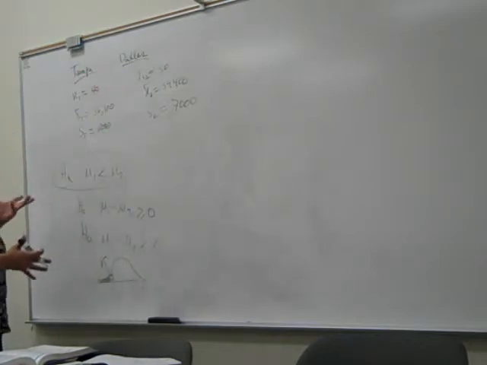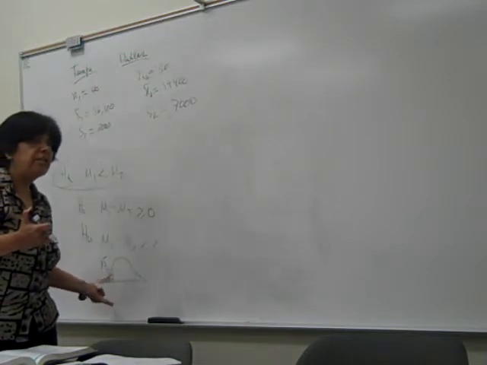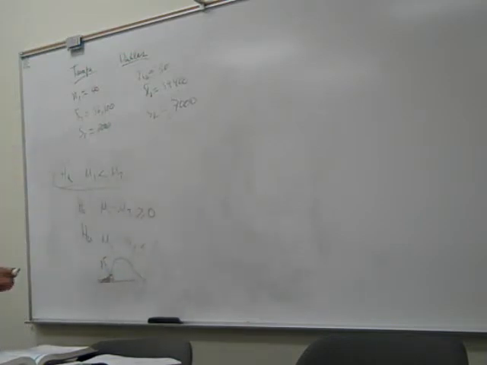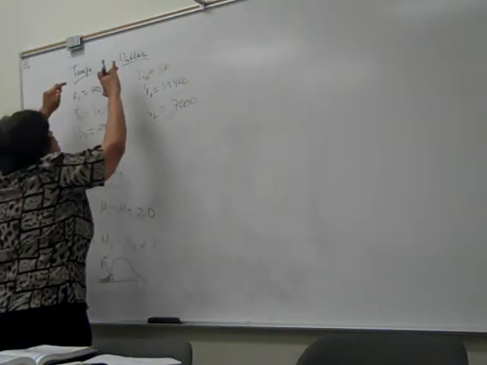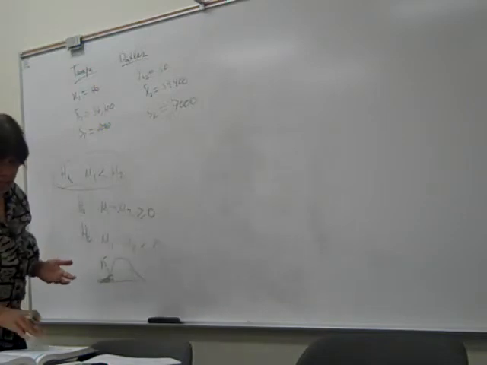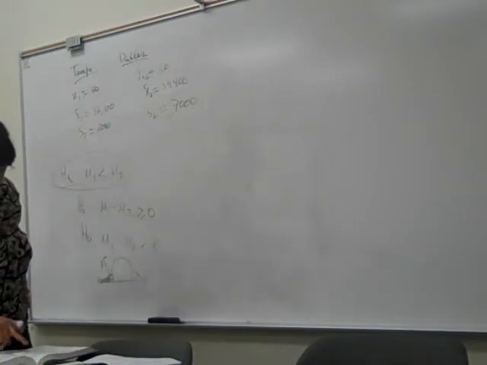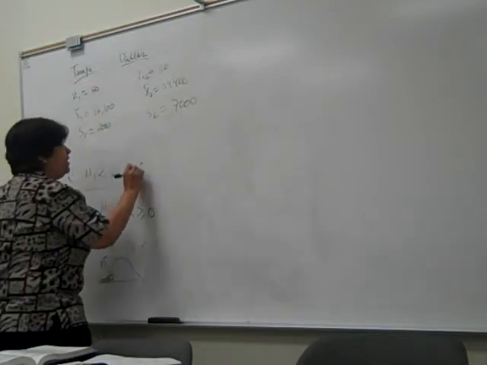Okay, how many degrees of freedom? First of all, in order to find out what my critical value is, I need to find out the degrees of freedom. In this case, we do not have the assumption that the standard deviations of the two populations are equal. So we have to use the Satterthwaite formula on page 416.